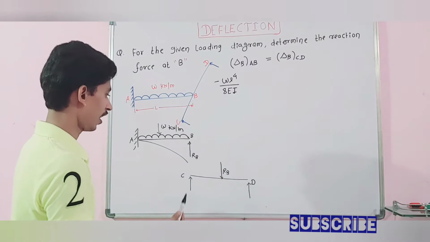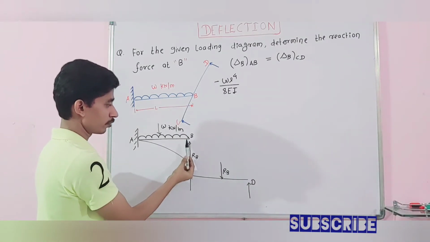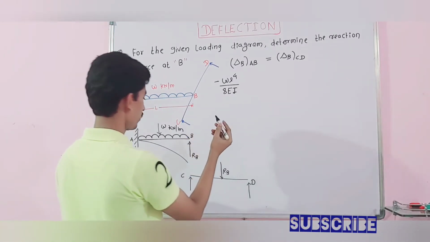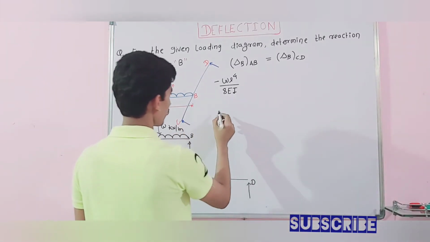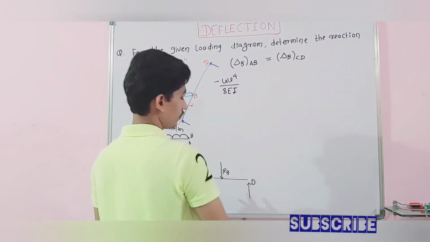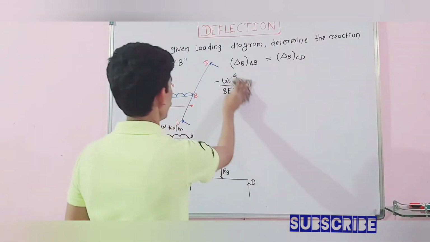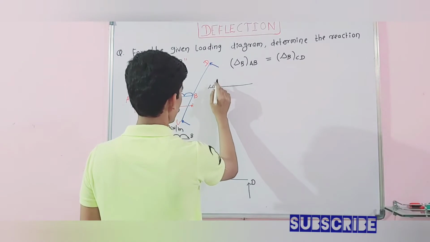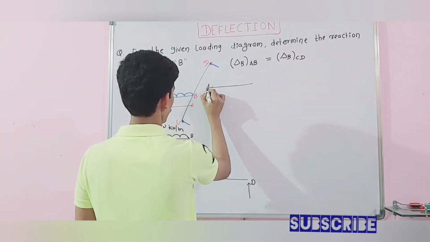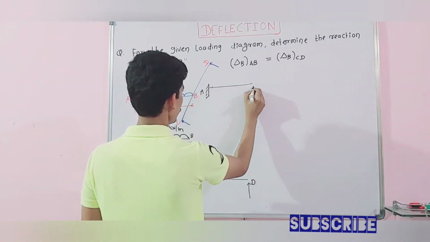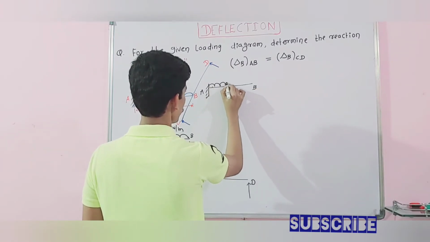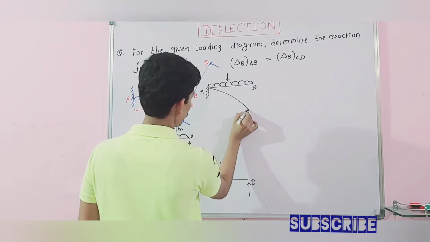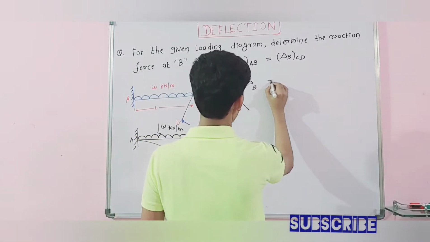Again, due to this RB, we can resolve this AB section. Look here, if you resolve, what will we get?